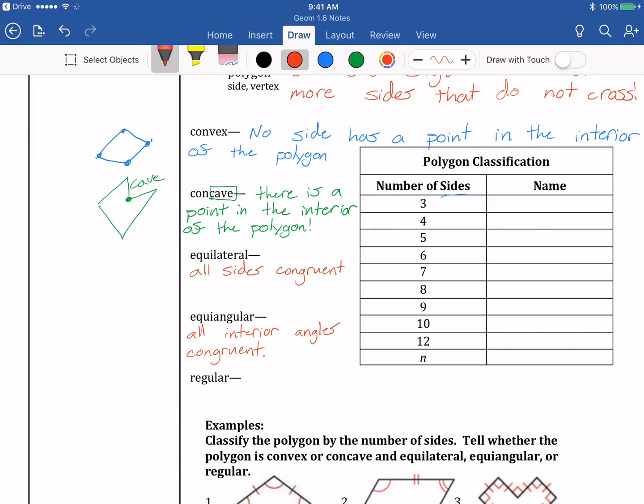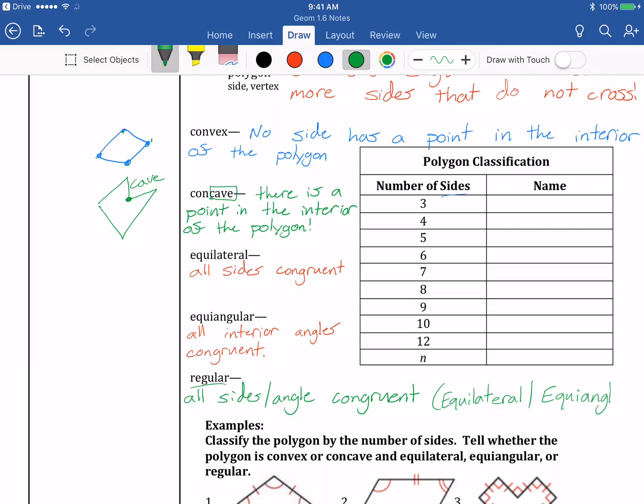Alright, so a regular polygon has all sides and angles congruent. So regular is a polygon that is both equilateral and it is equiangular.